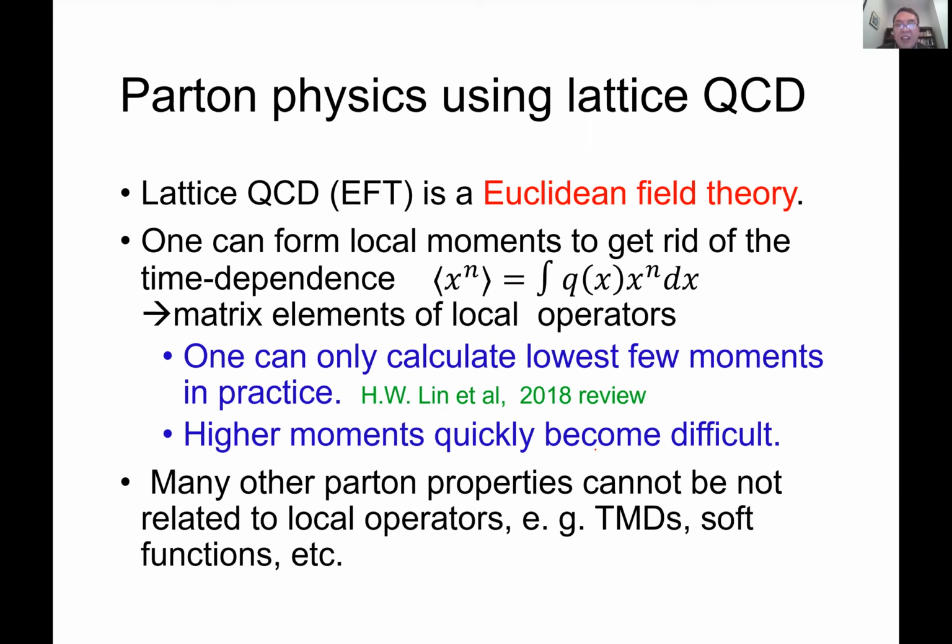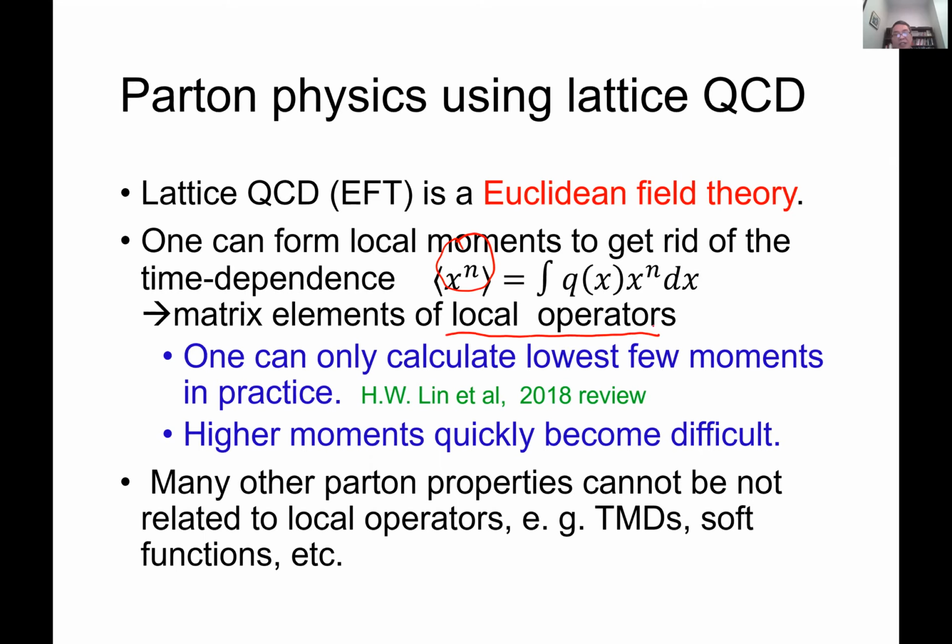What people have been doing in the past is to calculate the moments of Parton distributions. Basically, you Taylor expand the Lightcone distribution in terms of derivatives of operators at the origin. So when you look at the moments of the Parton distributions, they become local operators, and they lose the memory of time.